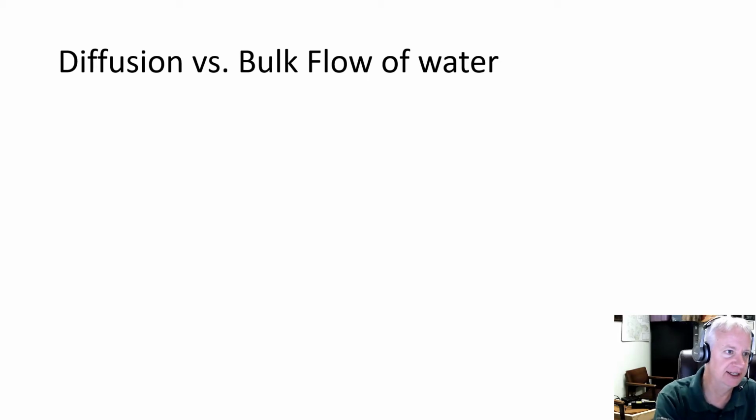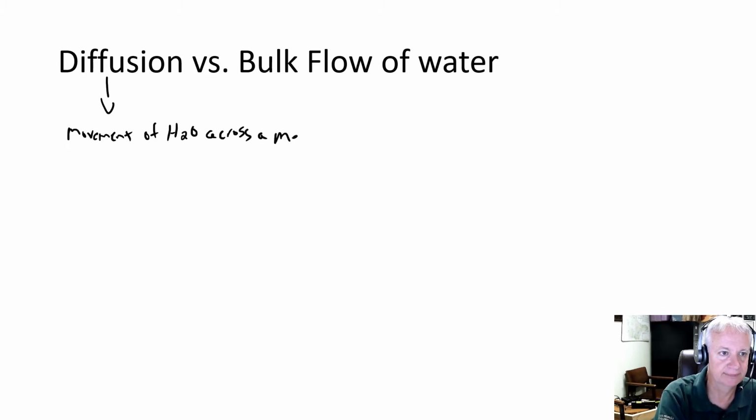Generally, diffusion implies movement of water. Could be other substances, but it's usually across a membrane. And it's down a gradient in total water potential.